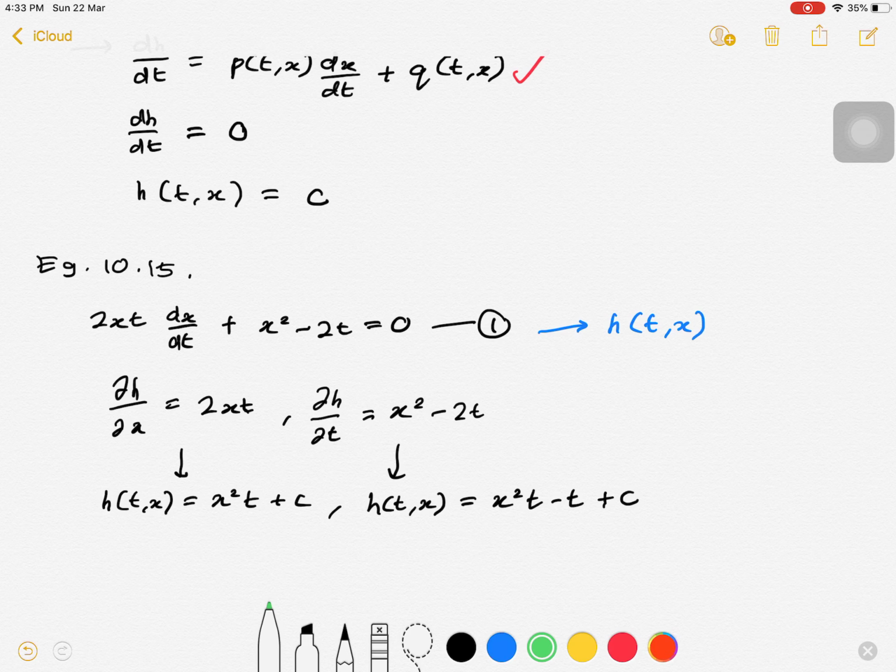Can you see the similarity between this equation and this equation? Actually, it should be similar if the exact equation h(t, x) exists. Therefore we will get a similar answer here and here.